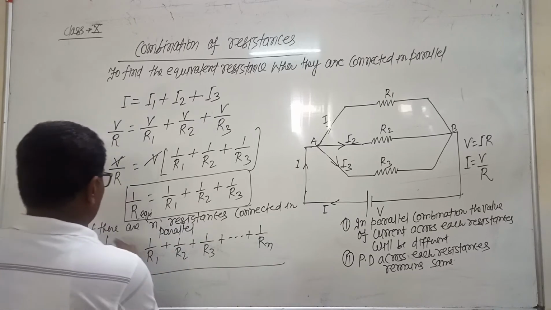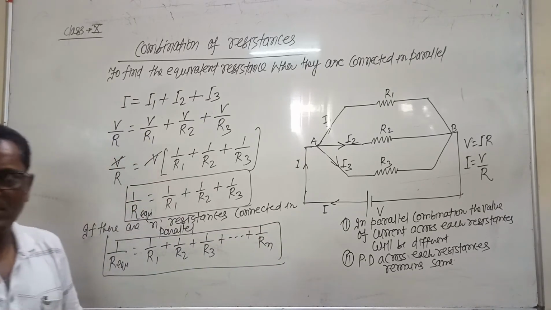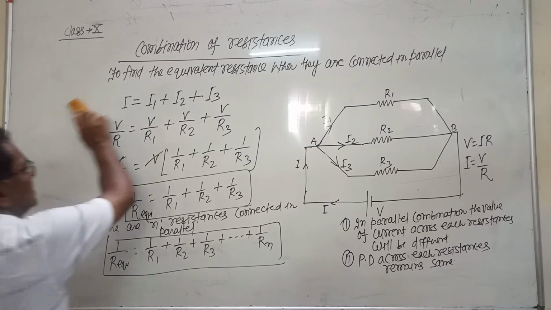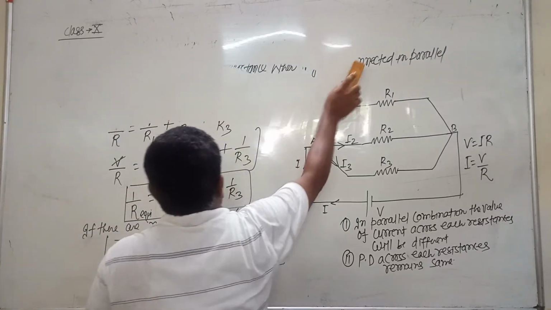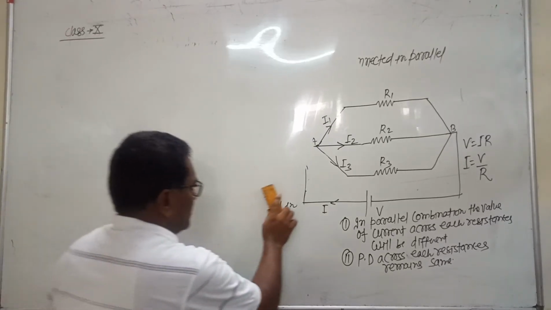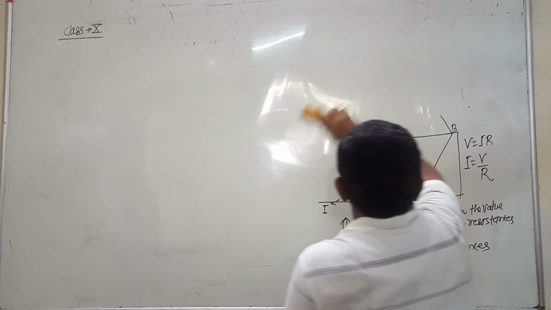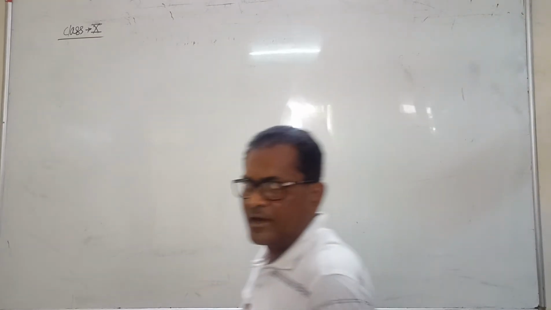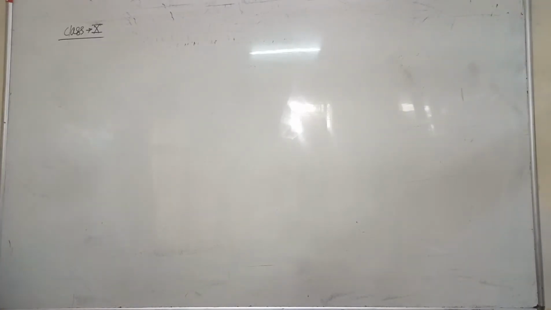This is the formula for finding the total resistance when n resistances are connected in parallel. So that is the formula for parallel combination, and previously we have seen the formula for series combination, R equals R1 plus R2 plus R3, and for parallel 1 by R equals 1 by R1 plus 1 by R2 plus 1 by R3. Let us see a few numericals based on series and parallel combination.